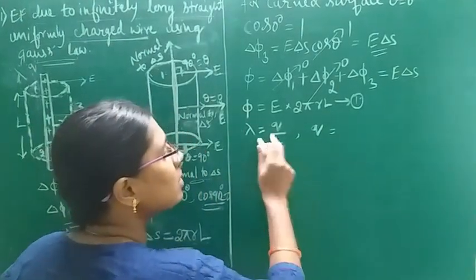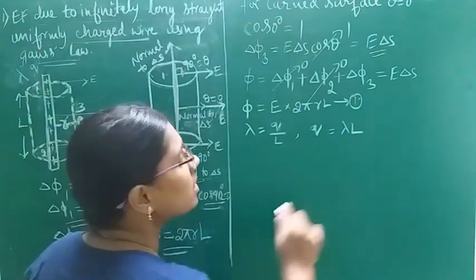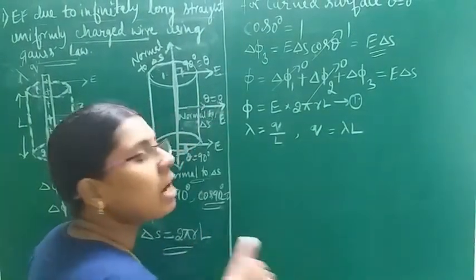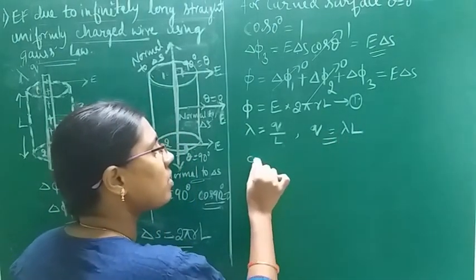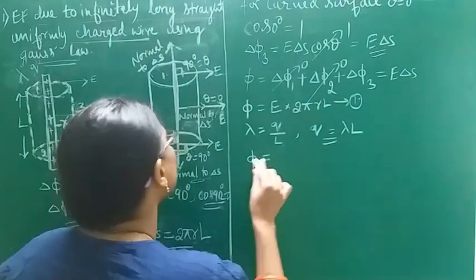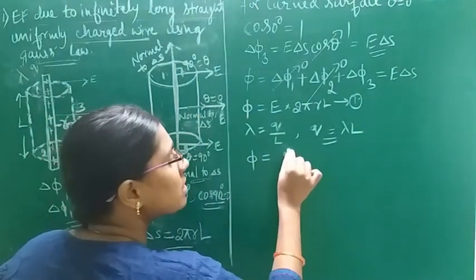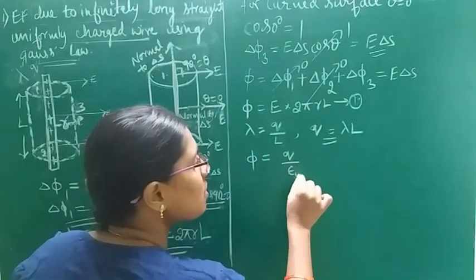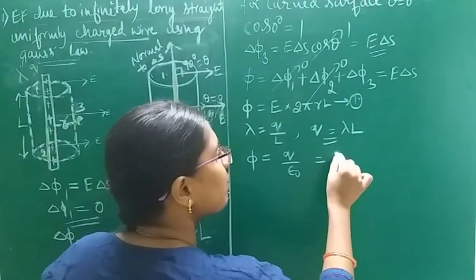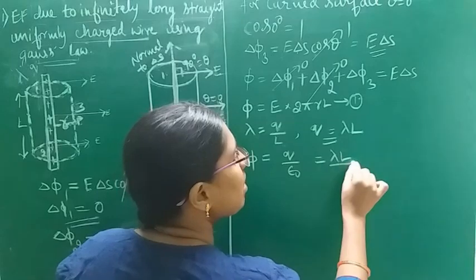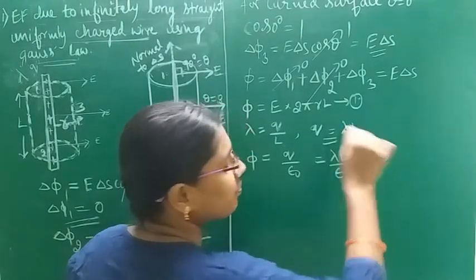So we can write Q is equal to lambda into L. Then, according to the statement of Gauss law, the total flux passing through the Gaussian surface is equal to the total charge divided by epsilon naught. The total charge is lambda L, therefore phi equals lambda L by epsilon naught. Let it be equation 2.